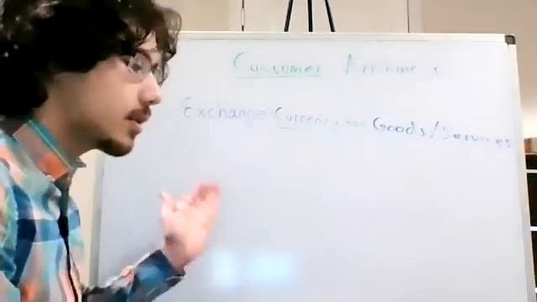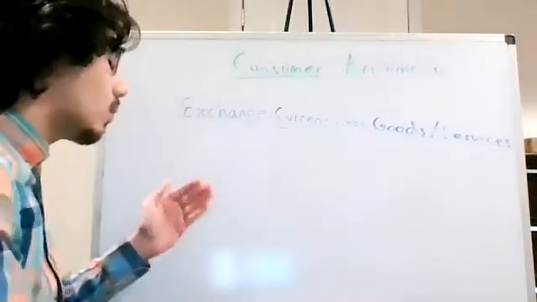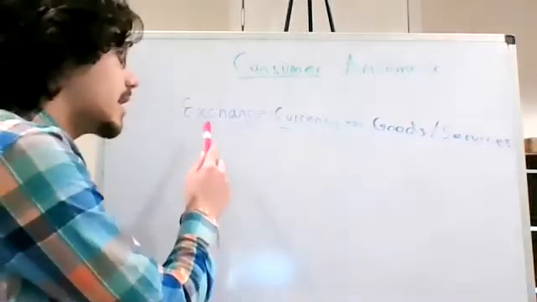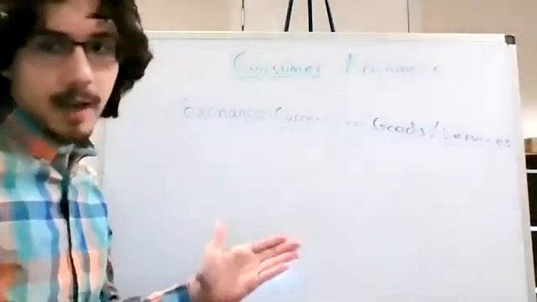So indirectly, you're trying to trade a good for a service for a good. But what you would typically do is you would exchange your service for currency, and then you would exchange your currency for a good. That is the basis of what our math will be about.